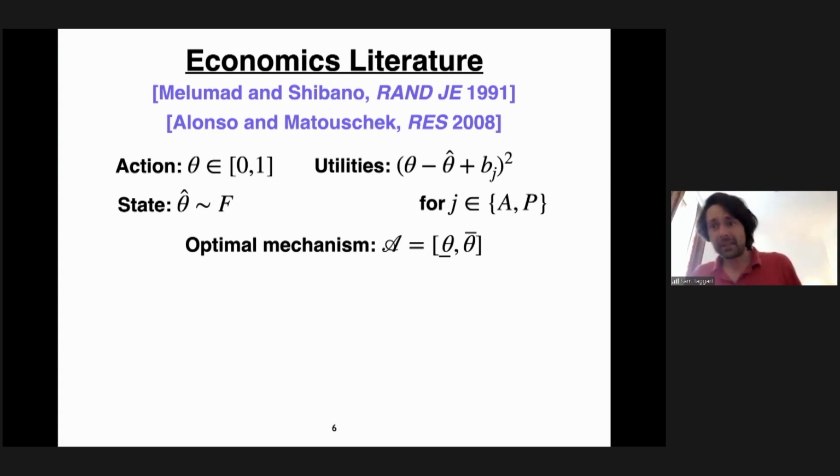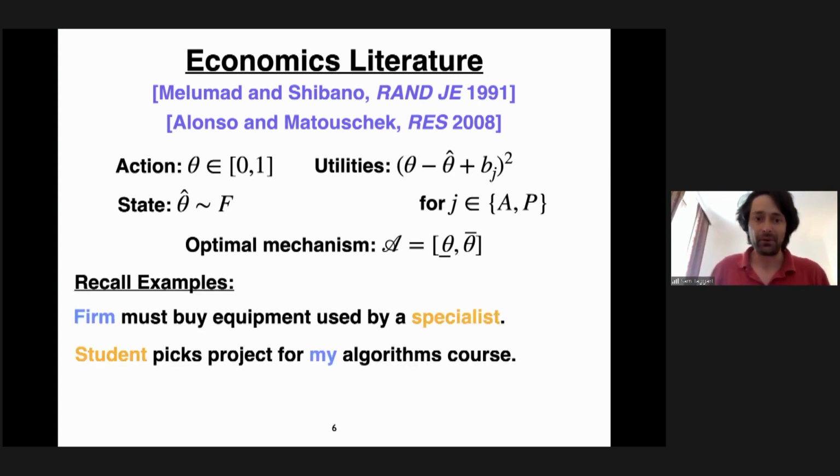So we can reflect on these papers in the light of our examples and ask ourselves, does this model really line up with the stories we are telling ourselves about delegation? So is it possible to take the space of equipment choices and put them on an interval? Maybe not. And I certainly hope it's not possible to do that with theoretical computer science papers. Hopefully that space is much more rich.